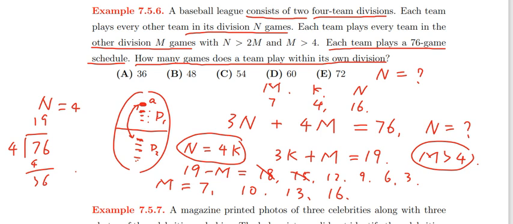Then let's check m equal 10. Then k equals 3, since 19 minus m equals 9, and 9 is 3k.